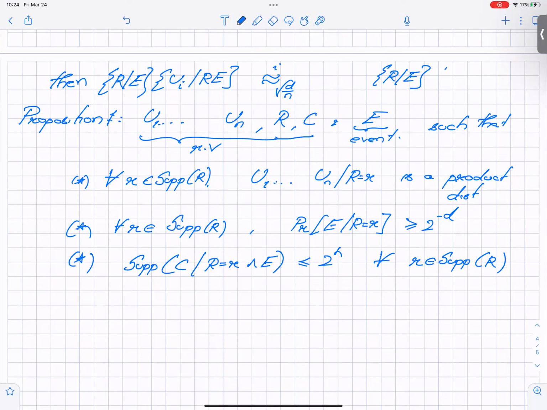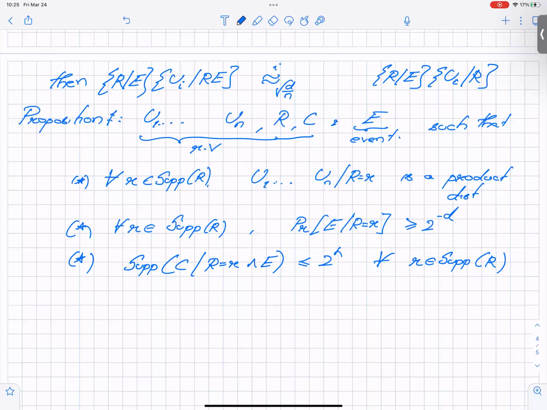There's an order over here: UI conditioned on R. So technically speaking, the second UI I should condition on R and E. I'm not doing that. Forgetting that the event E has happened, and conditioning only on the fact that R is a particular value, the pair of random variables is still the same as the previous pair of random variables.